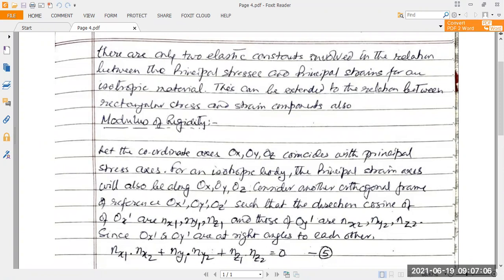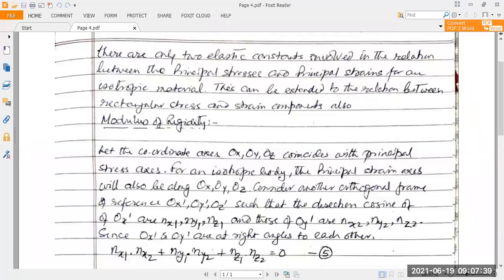The benefit of coinciding these with the principal axes is that we don't have to take into account any shear forces, as we have seen in our earlier classes: on the principal plane where the principal stresses act, no shear stress exists, and for principal strain there is no shear strain or deformity of the object.